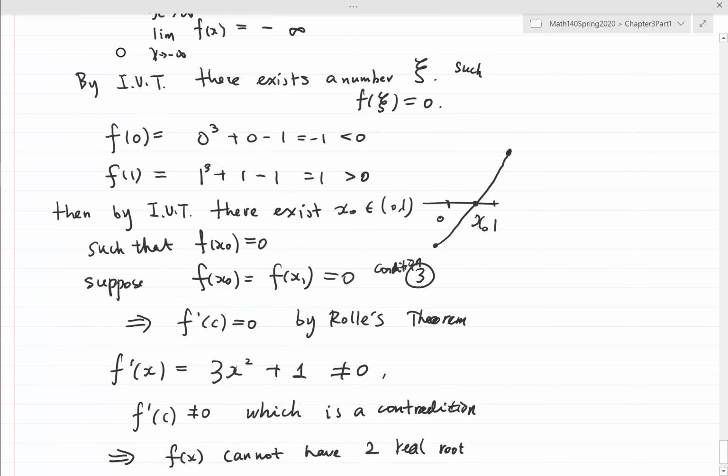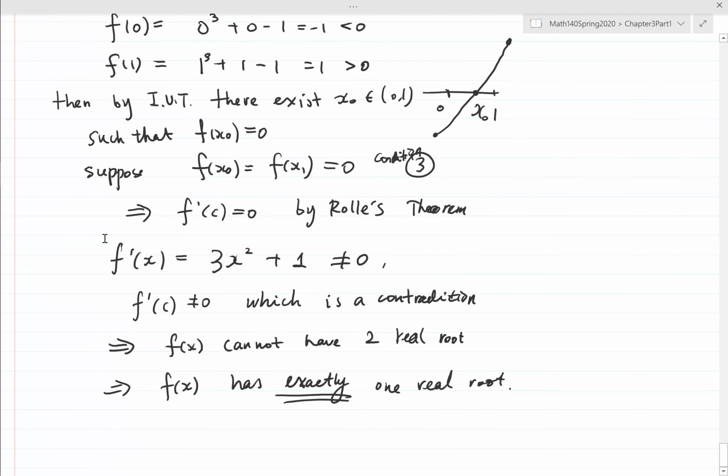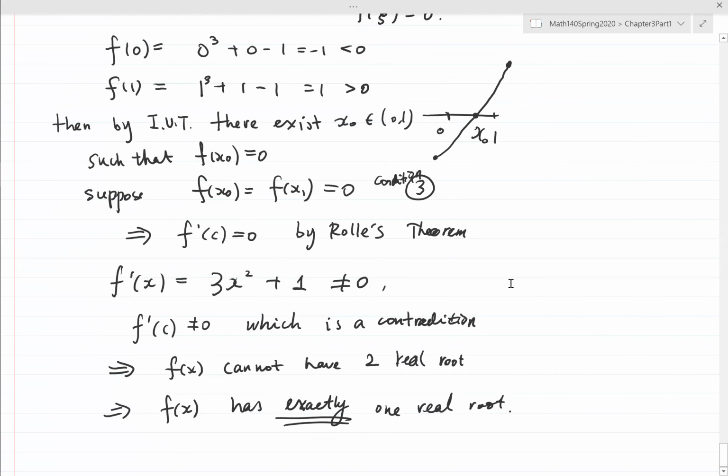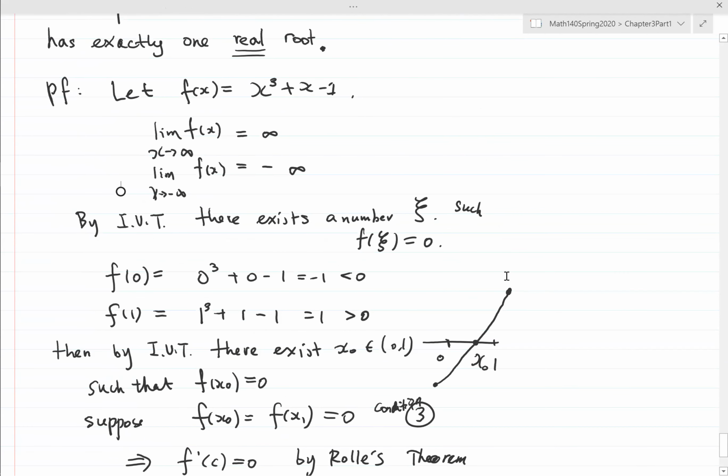What we do is show that there will be a contradiction if we assume there are two or more roots. So assume that there are two roots. Then we can apply Rolle's theorem. Now you check that the function f(x) satisfies the three conditions of Rolle's theorem. First of all, how do we construct the function f?